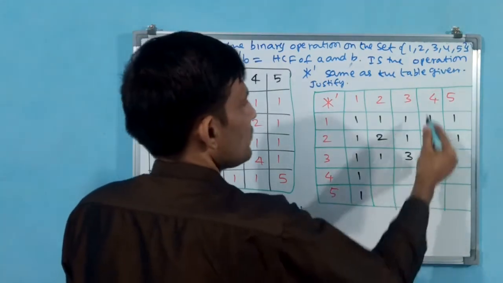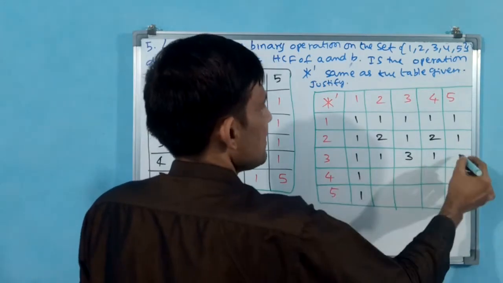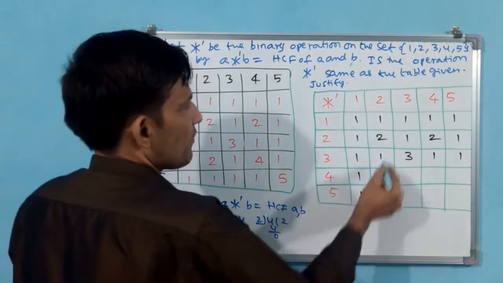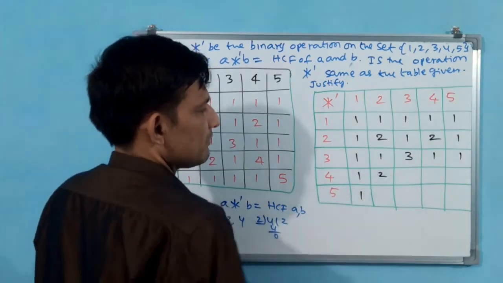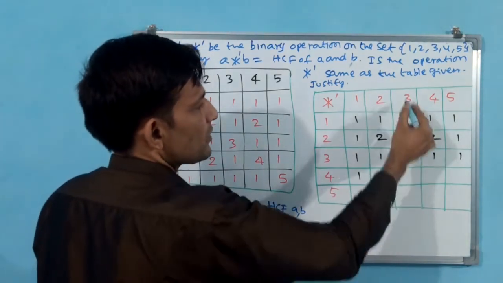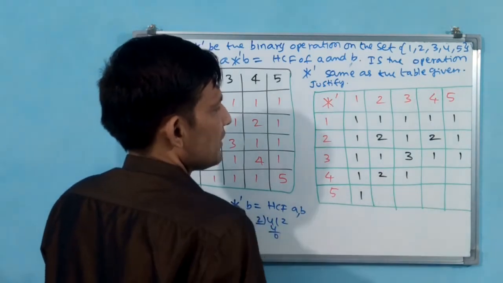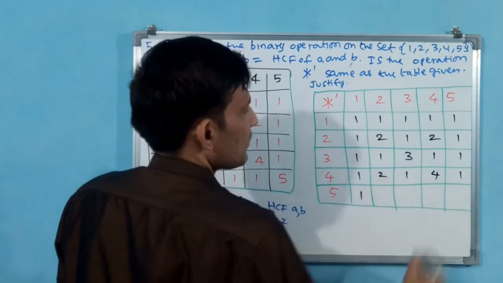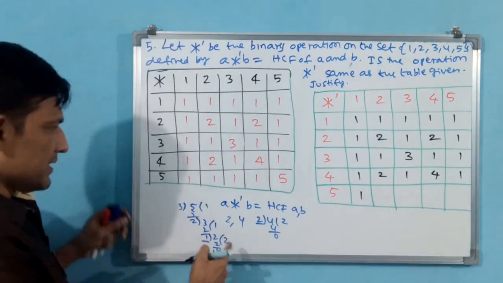Now 3, 4 also 1. 3, 5 also 1 will come. Okay. 4, 2, 2 will come. 4, 3, 1 will come. 4, 4, 4 will come. 4, 5 also 1 will come. 4, 5, have I written?